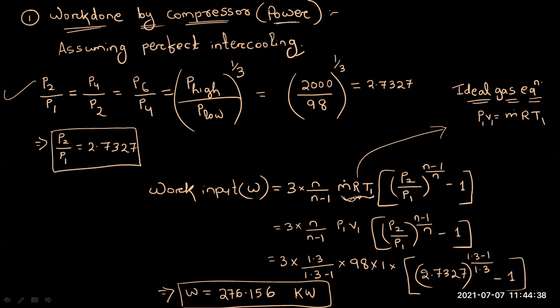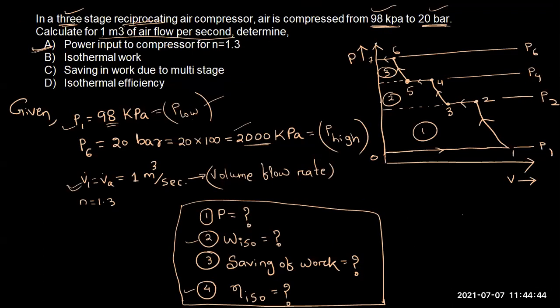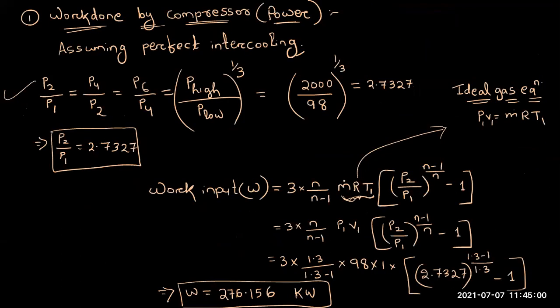Why have I taken P1 V1 instead of mRT1? Because you remember this thing: if in the question paper the mass flow rate m dot value, which will be in kg per second, is given, then you apply this formula.